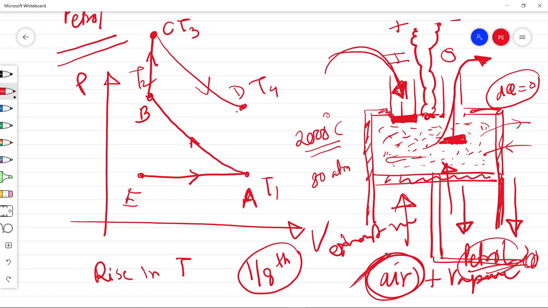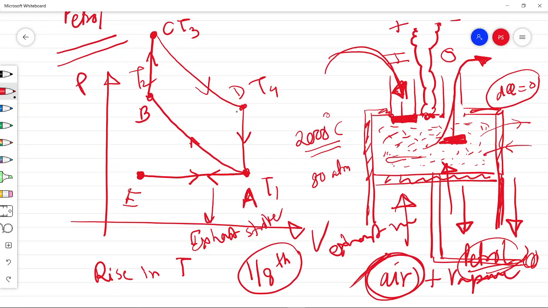So after the system reaches back to point A by cooling down from D to A, the stroke E to A is operated in reverse order, and the system goes back to point E by following an exhaust stroke.